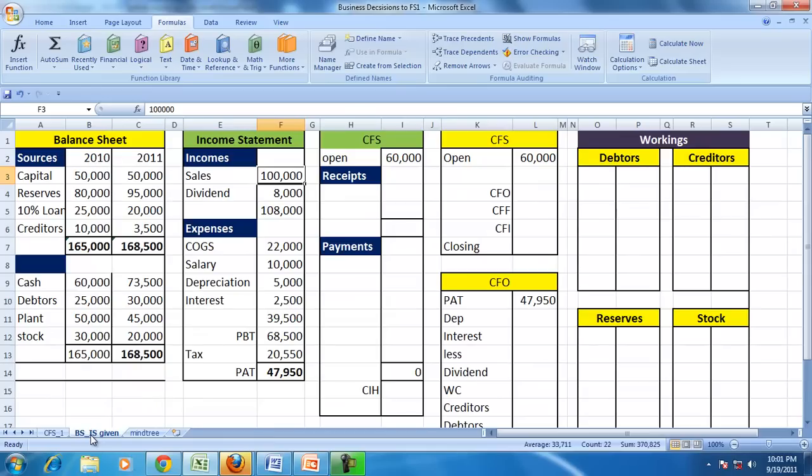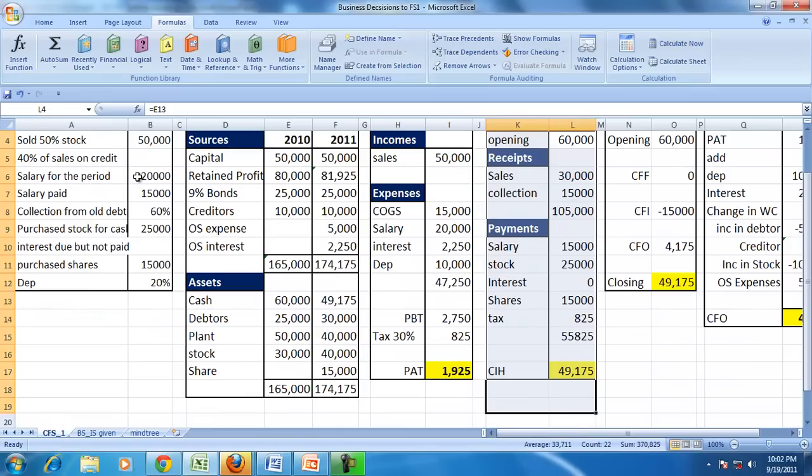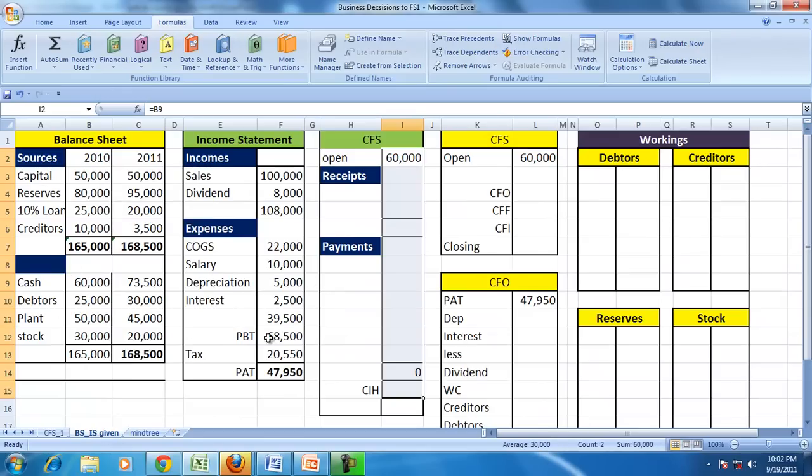Let us take this example. In this example, there is an opening balance sheet given, closing balance sheet given, income statement given. What is not given is a cash flow statement. Unlike this, the transactions are not given here.